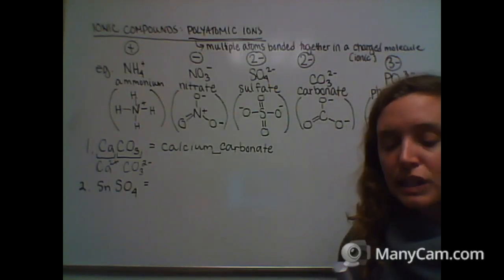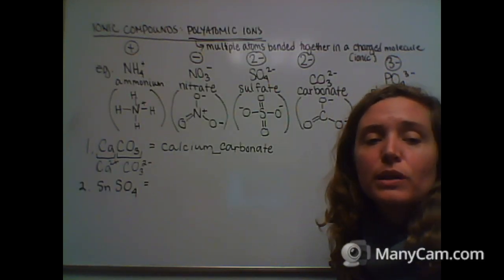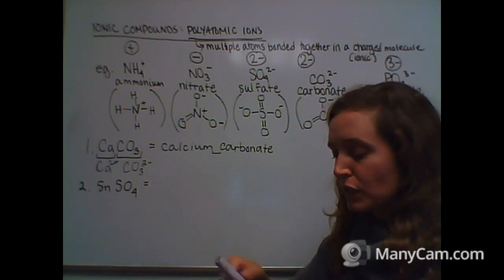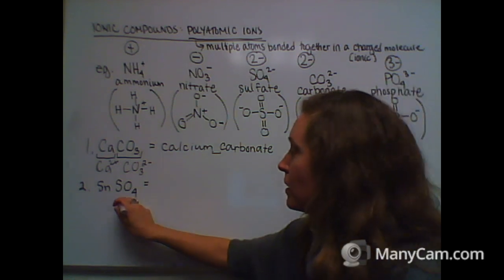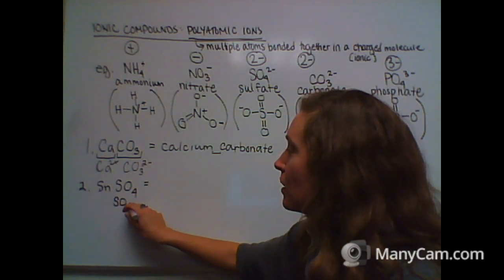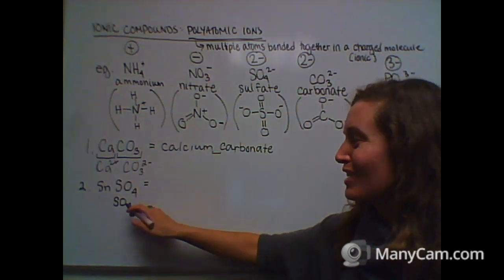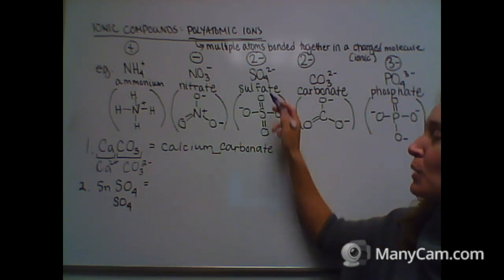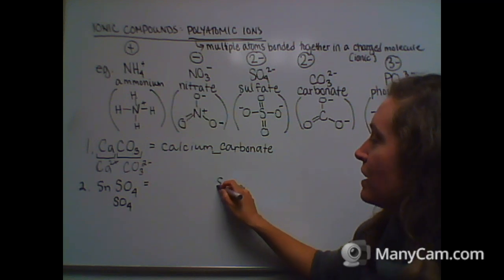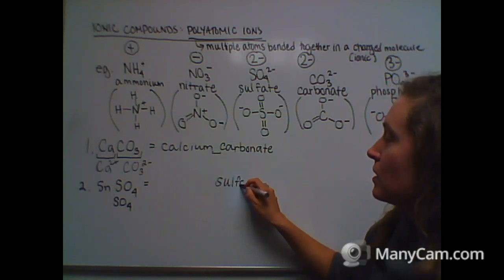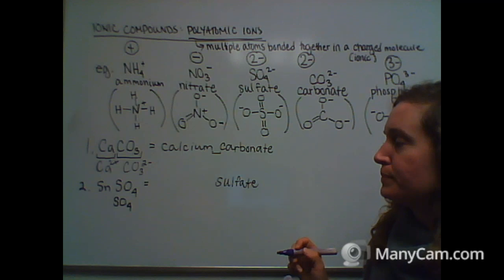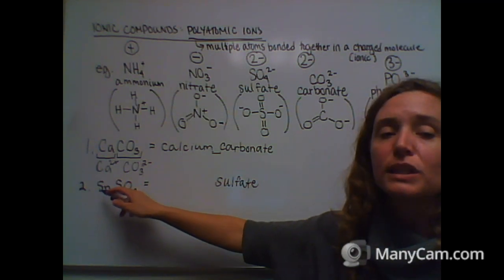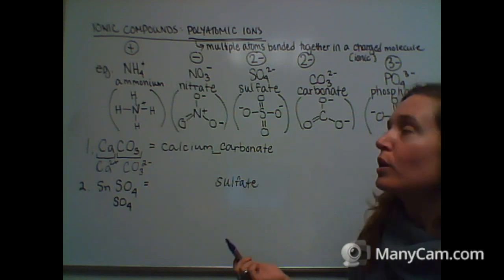All right. So again, we're going to proceed the way that we learned before, where we have to figure out the charge on the anion first. So let's do that. SO4, right? We call that sulfate. So we know that the last half of the name is going to be sulfate. We know that for sure. It's the polyatomic ion. Let's figure out which tin this is, though. Is it going to be tin 2 or tin 4?